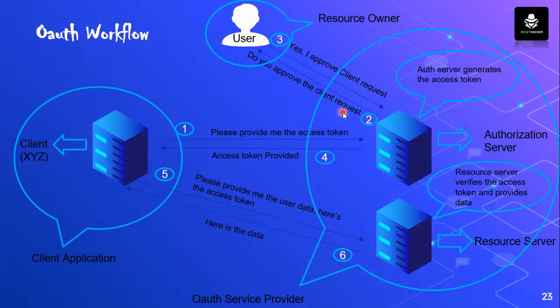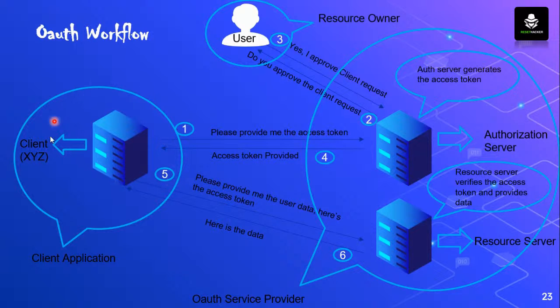If you click on the allow button, that is this part. Here the authorization server requests the user, do you approve the client's request? And if the resource owner approves, the authorization server will generate an access token and provide it to the client.